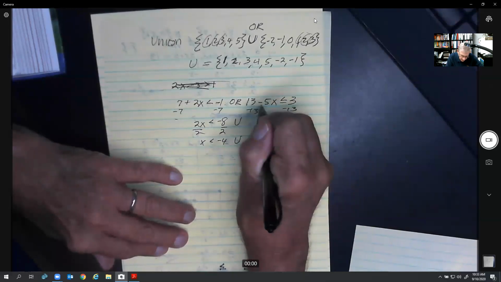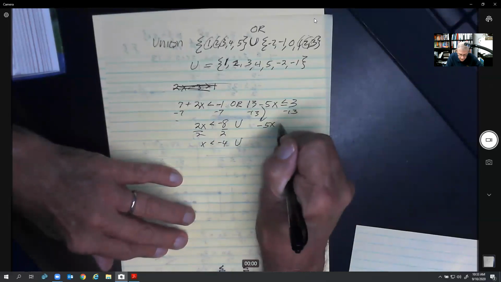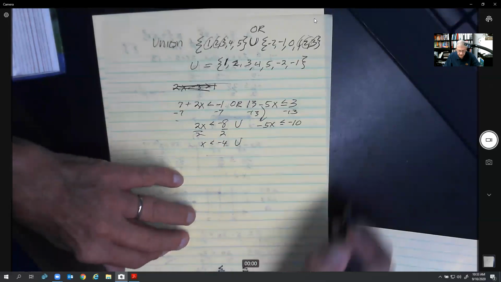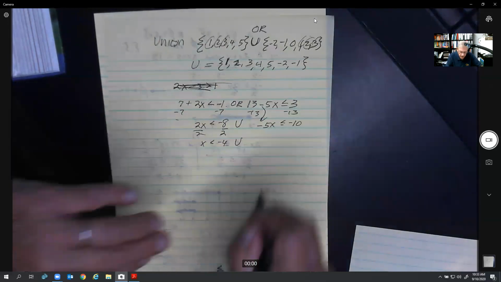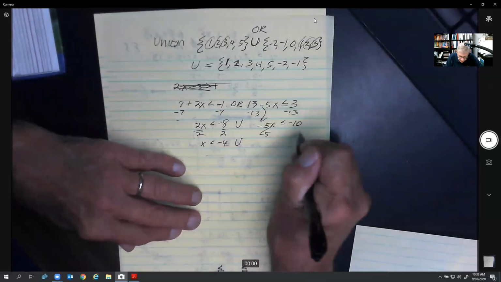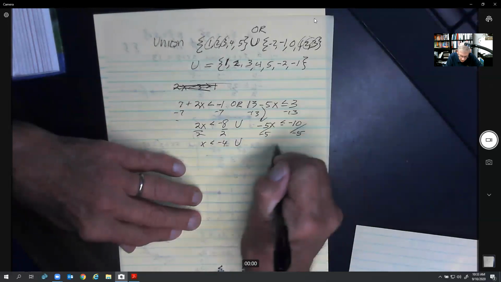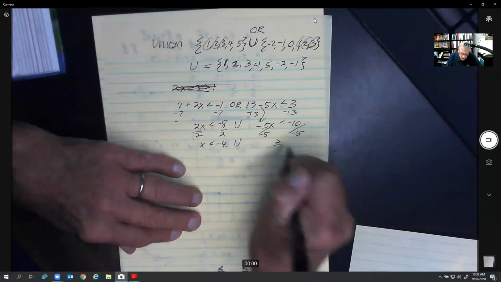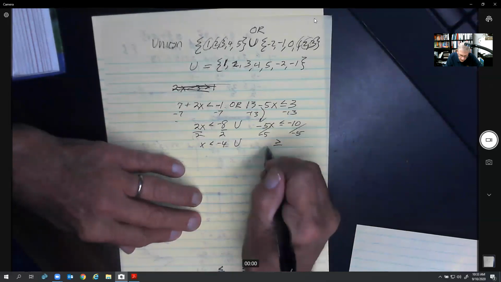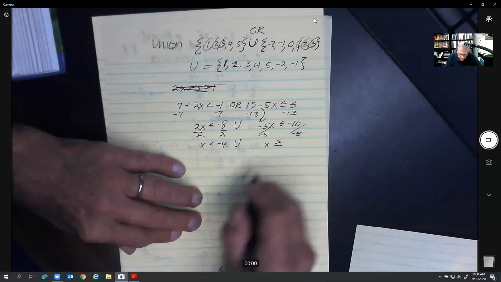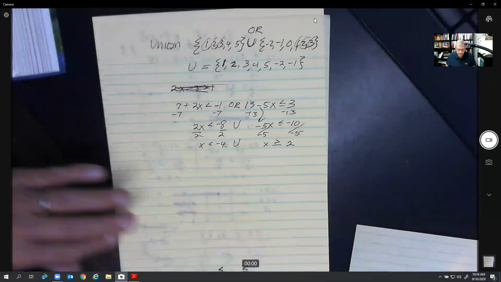Make sure you bring down the negative sign. -5x is less than or equal to -10. Now I'm going to divide by -5, and that is going to cause the inequality to switch. X is greater than or equal to 2.